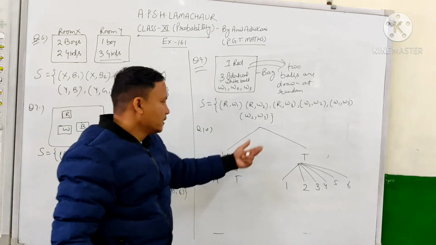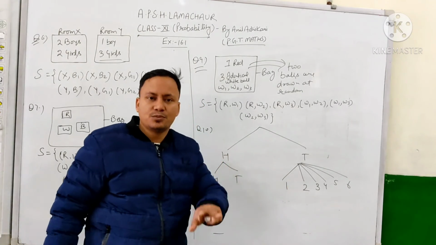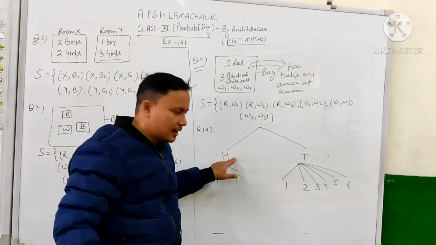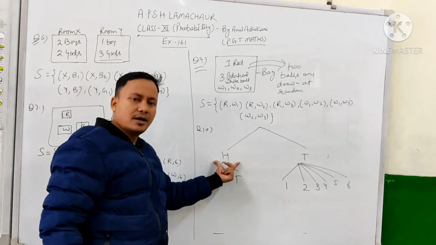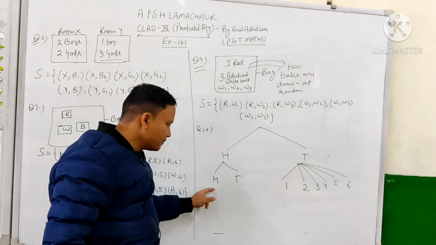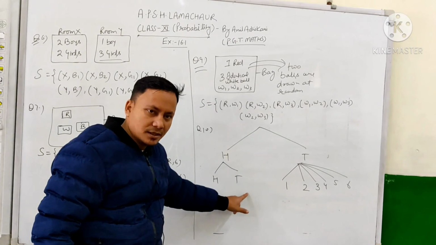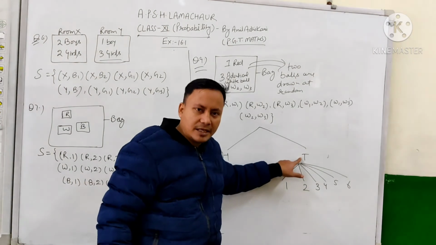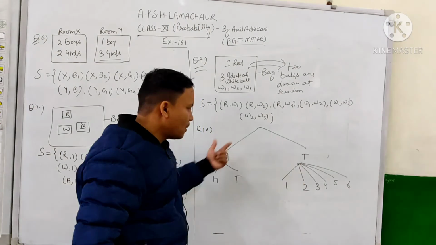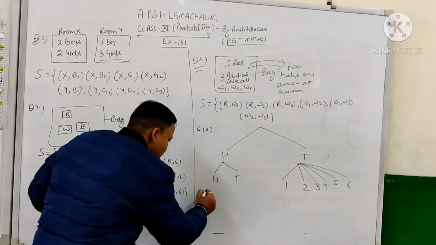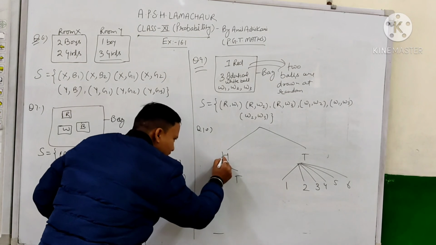Listen to me carefully. We are tossing a coin, so there will be two possibilities, either the coin will show a head or it will show a tail. Further, if the coin is showing a head, then toss it again, then again we will get 2 cases, head and tail. But if the coin is showing a tail, then we have to throw a die, then there will be 6 cases.